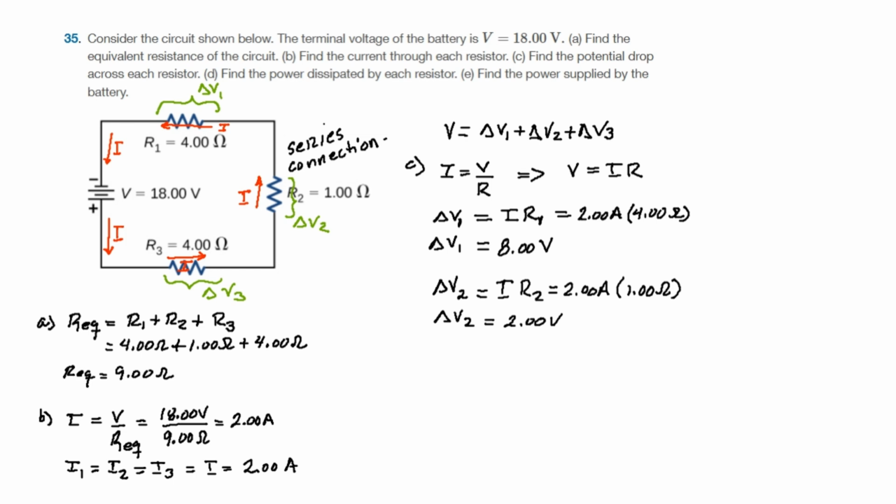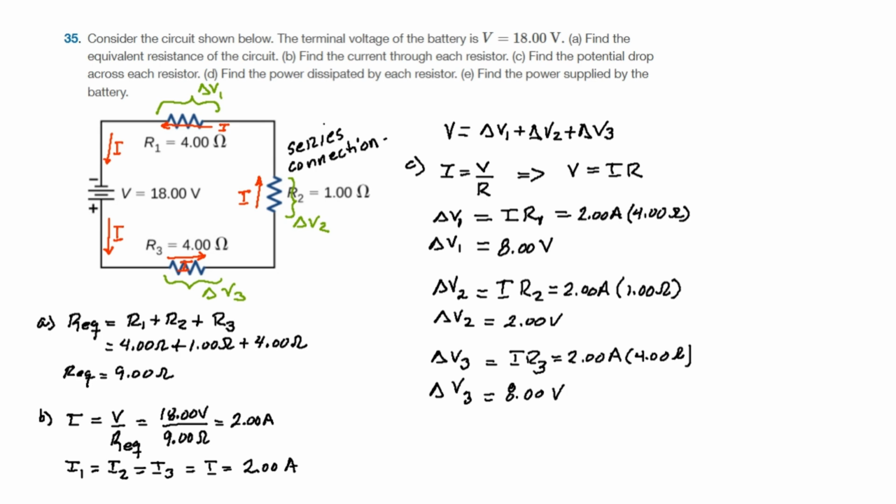Delta V3 is I times R sub 3. So it's 2.00 amperes times 4.00 ohms. So again, delta V3 is 2 times 4, 8.00 volts.